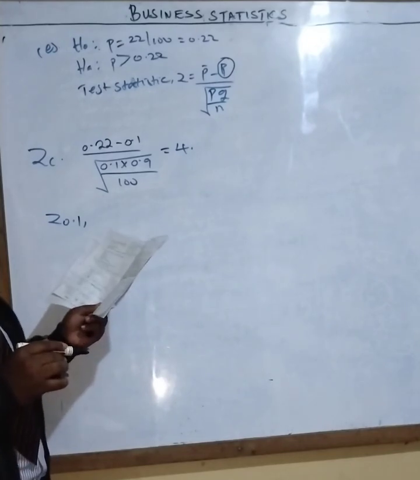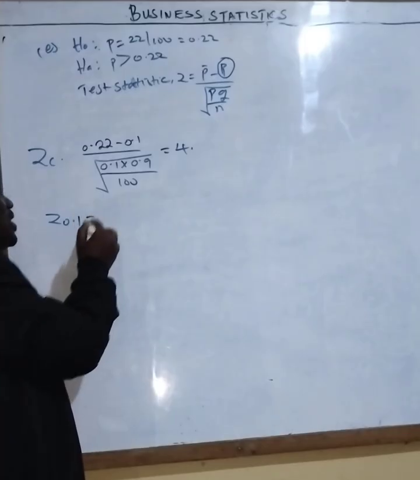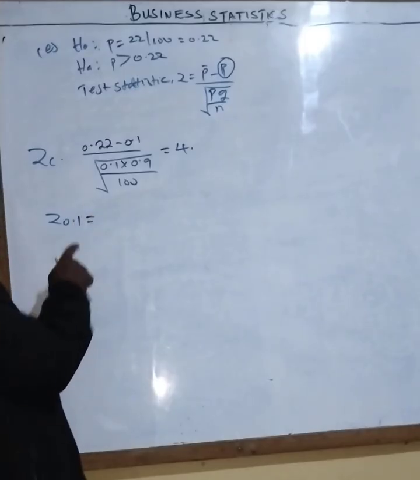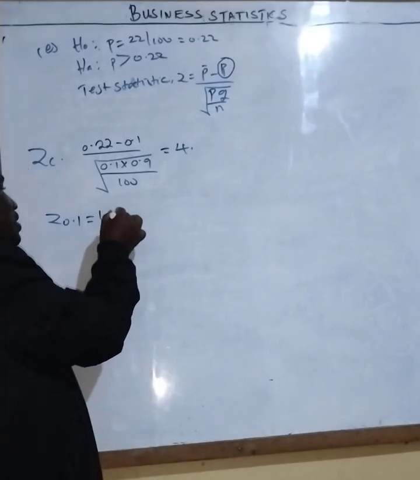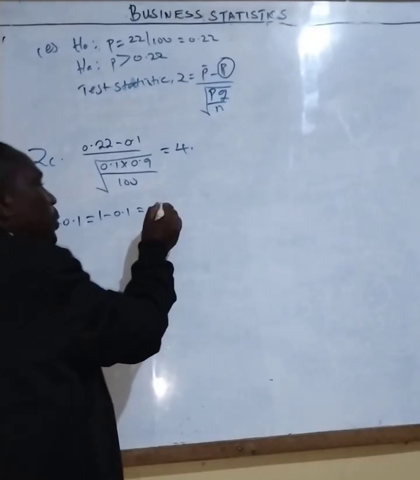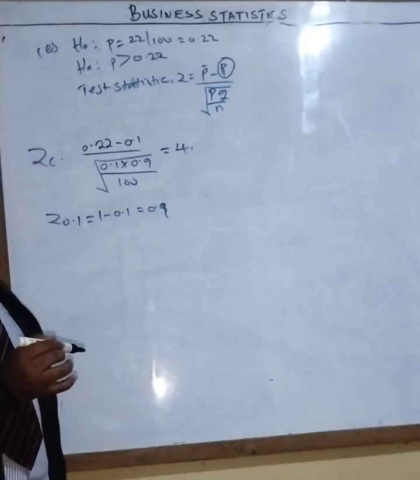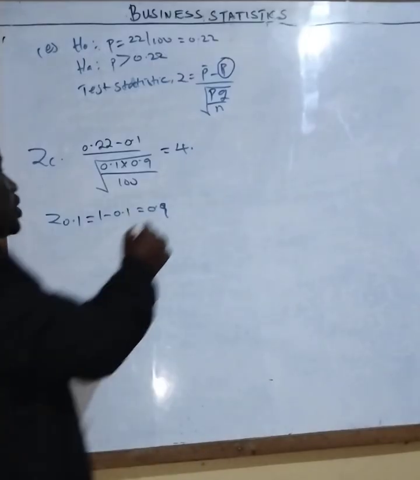How do we read 0.1 from the table? Now class, because they are saying it is greater than, you cannot read 0.1 directly. Therefore it will be 1 minus 0.1, which gives you 0.9. Now this 0.9 is like 90%. But you cannot read this from the tables we have. So you need to subtract what?